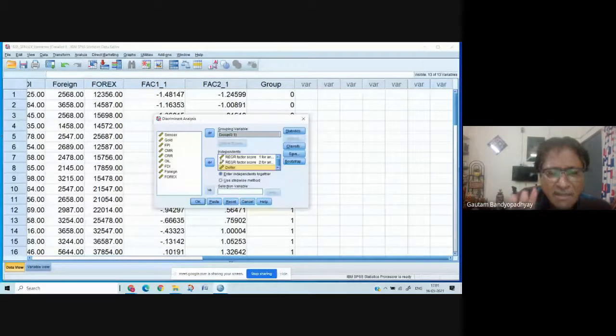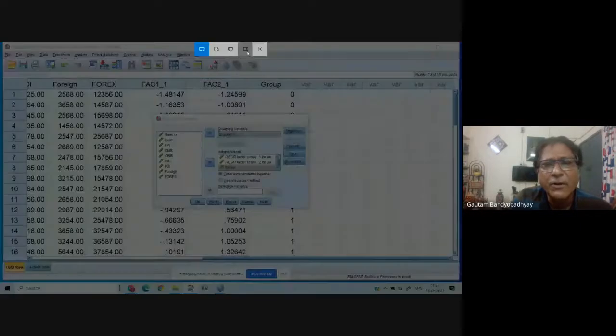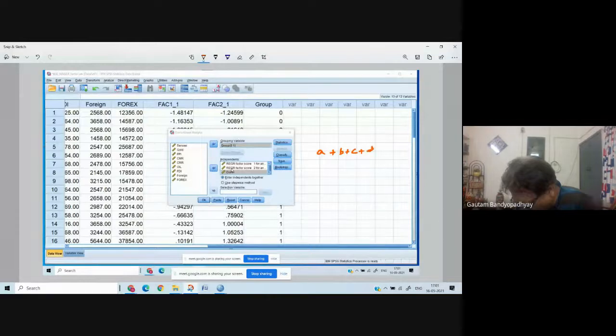And I'm telling you, try to understand, then you can easily understand what feature selection is. Here the independent variables are initially a plus b plus c plus d, e plus f plus g plus h plus i.